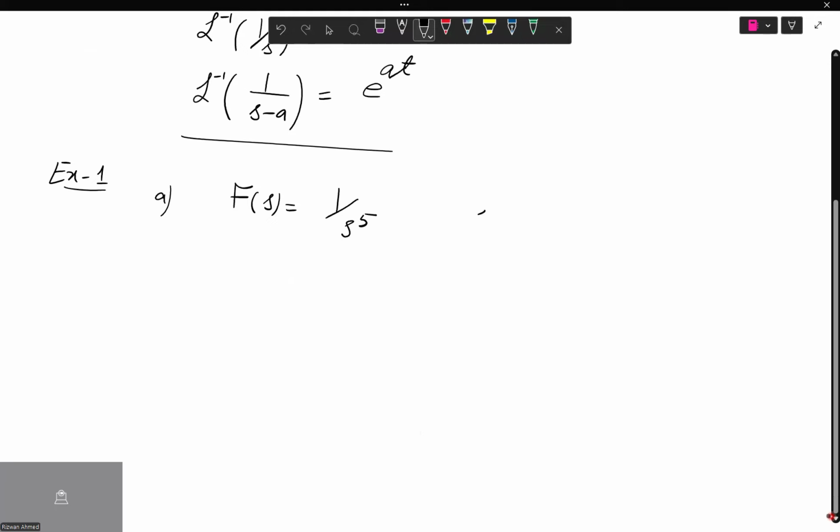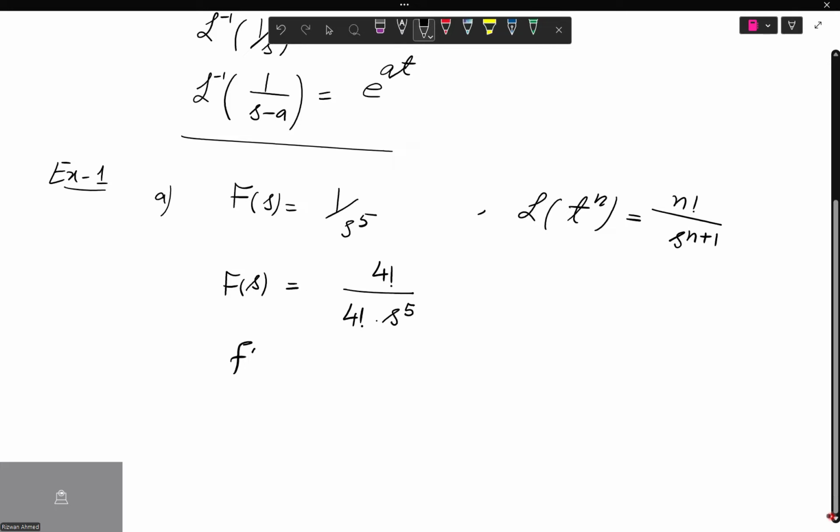We know the forward property: Laplace of t raised to the power n is n factorial over s raised to the power n plus 1. For this one, I would multiply by 4 factorial and divide by 4 factorial, and s raised to the power 5. This is the definition of F of s.